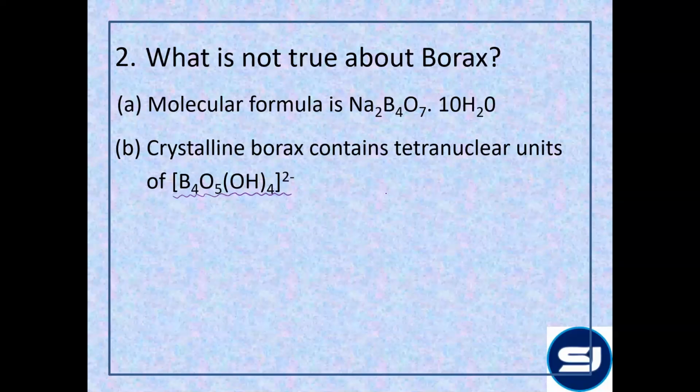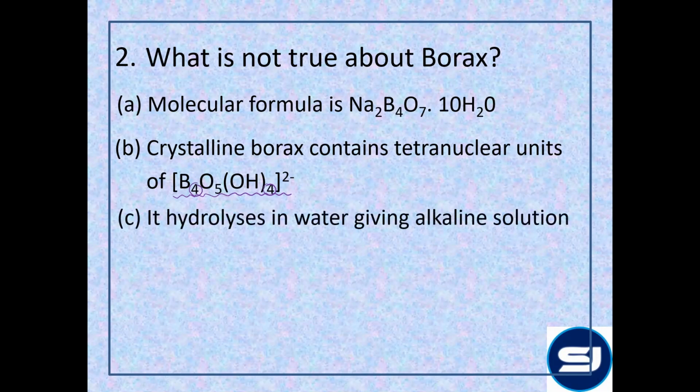So the 4 boron atoms were joined via oxygen atoms, and the 2 boron atoms internally were also joined via an oxygen atom, and each boron was attached to 4 OH groups. I'll show you the structure also, but this is a correct statement that is important.